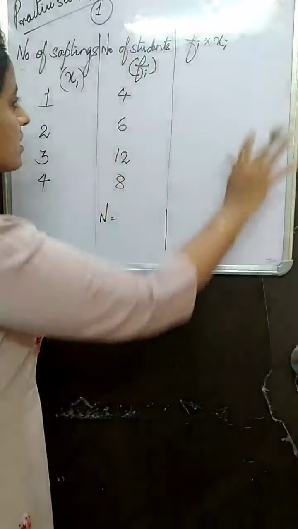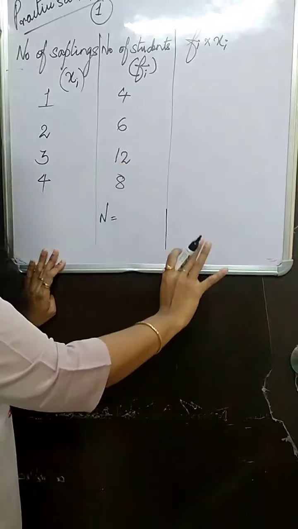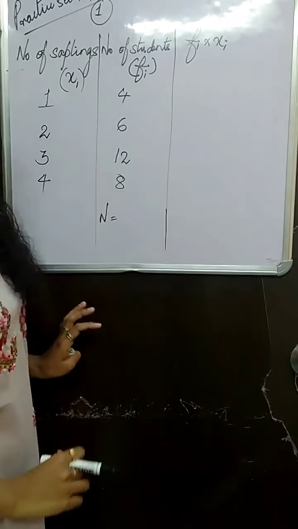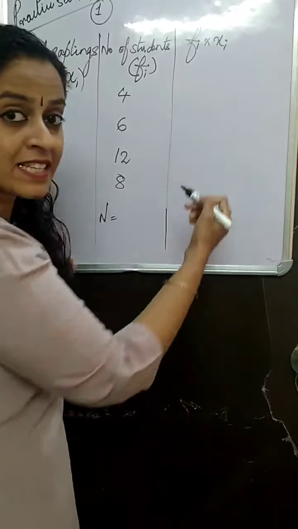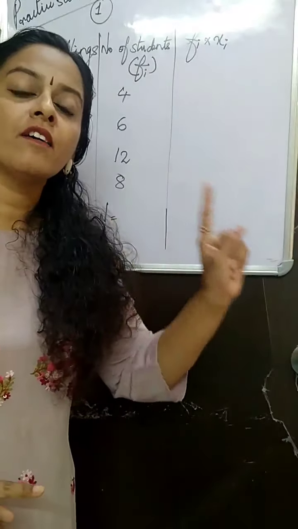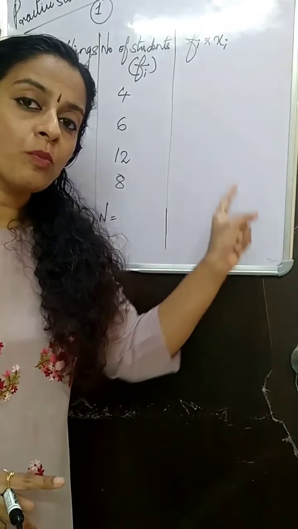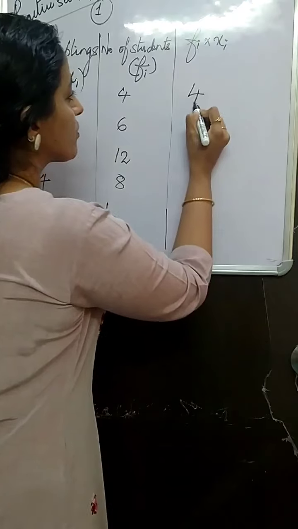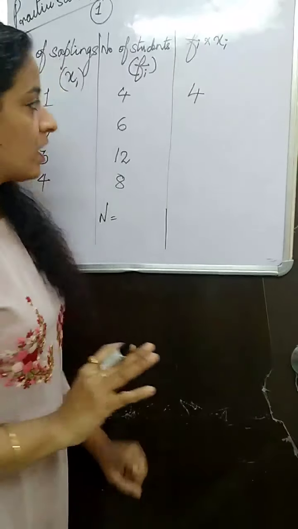What is the information conveyed through this table? One sapling was planted by 4 students. One sapling each was planted by 4 students, so what is the total number of saplings? 1 4s are 4. Total number of saplings planted is 4.